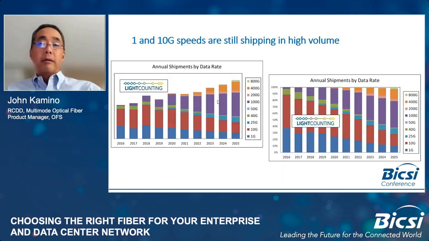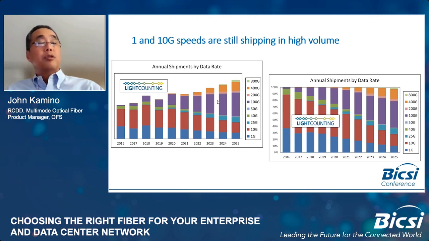Also, in the enterprise and in networks in general, I mentioned the 1 gigabit and 10 gigabit networks that were still being installed. And this gives a lot of credence to that. You'll note in 2021 that 1 gig and 10 gig modules combined still outsell everything else.